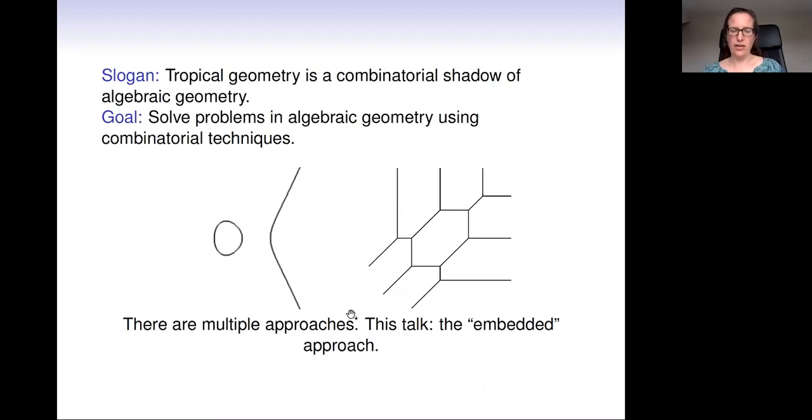perhaps next week. Should also say there are many approaches to tropical geometry, and for this week, we're going to be in what I might call the embedded approach. We're going to regard the varieties we study as subvarieties. In the interest of keeping this week as accessible as possible, we will just look at affine varieties, subvarieties of affine space.